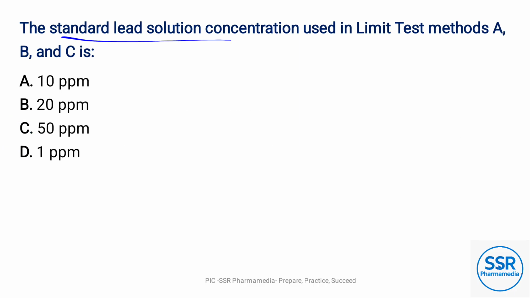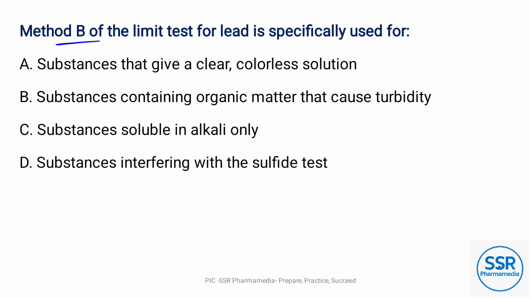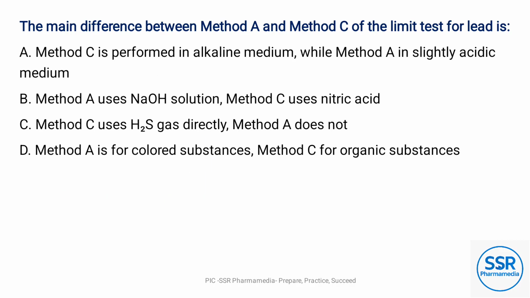The standard lead solution concentration used in limit test method A, B, C is, so option B, 20 ppm, and method D is 1 to 2 ppm. The method B limit test for lead is specifically used for, so option B, substances containing organic matter that cause turbidity.